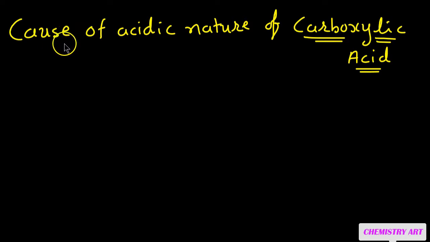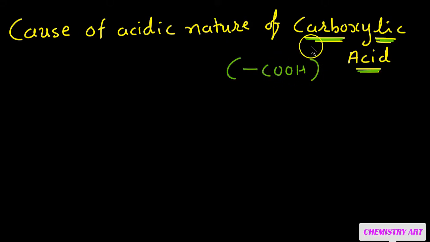So today we are going to discuss the cause of the acidic nature of carboxylic acid. First of all, friends, do you know what a carboxylic acid is, or what the structure of its functional group is? The carboxylic acid we denote as COOH.